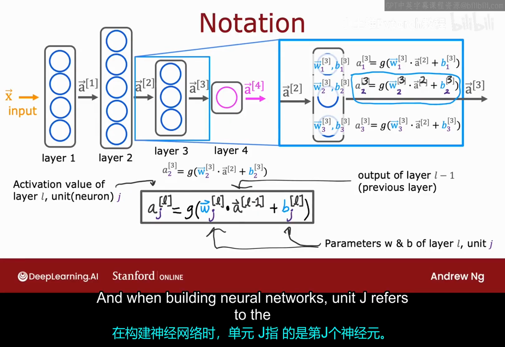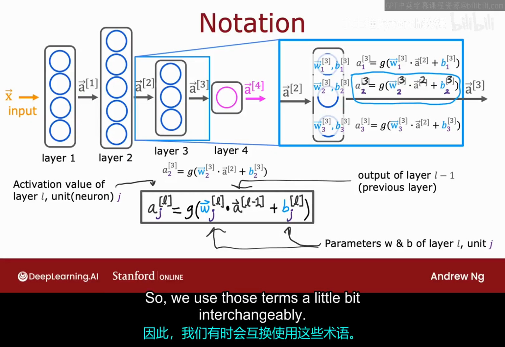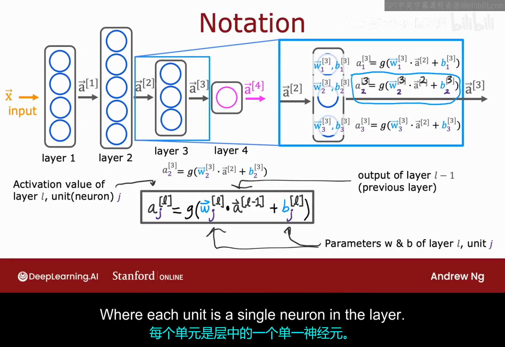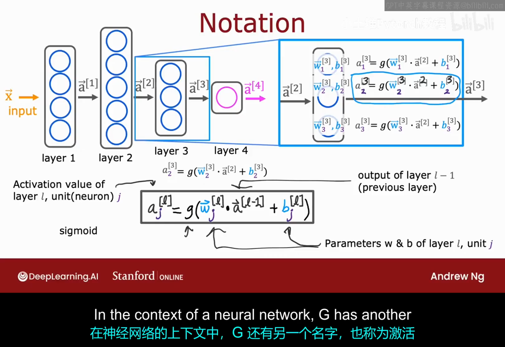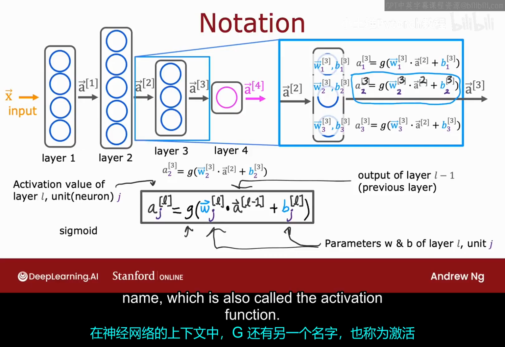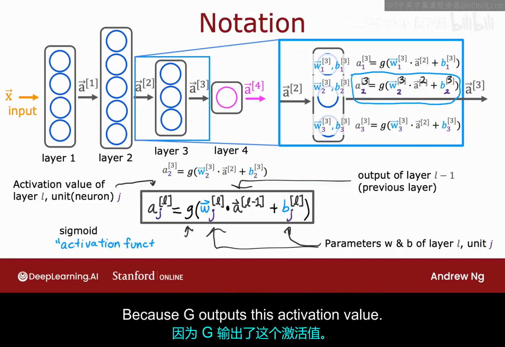And when building neural networks, unit j refers to the jth neuron. So we use those terms a little bit interchangeably, where each unit is a single neuron in the layer. g here is the sigmoid function. In the context of a neural network, g has another name, which is also called the activation function, because g outputs this activation value.